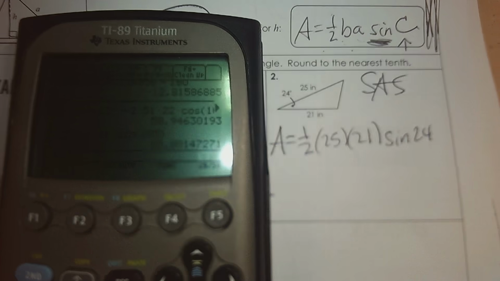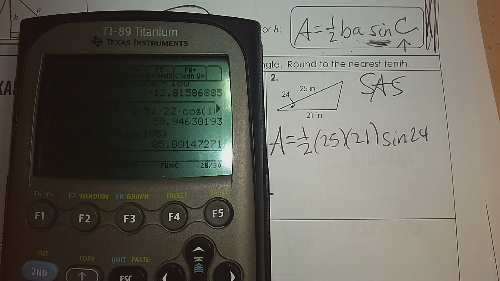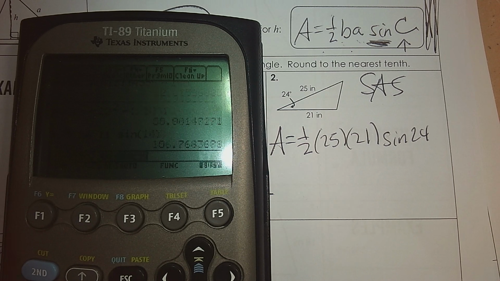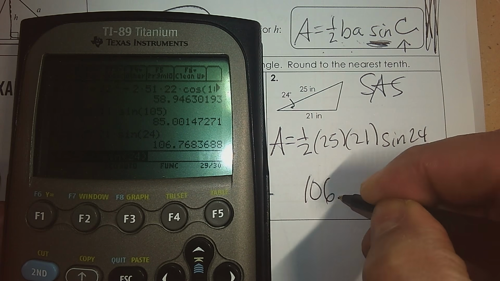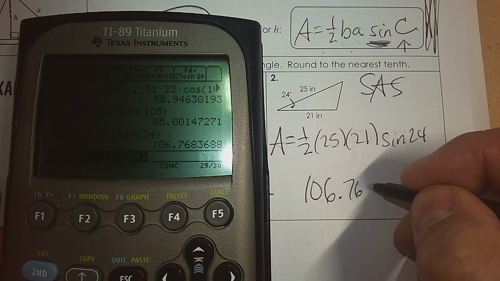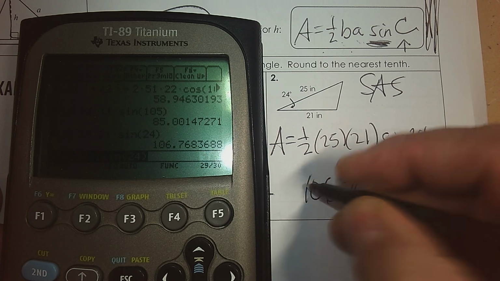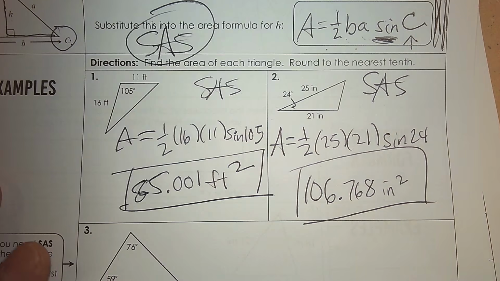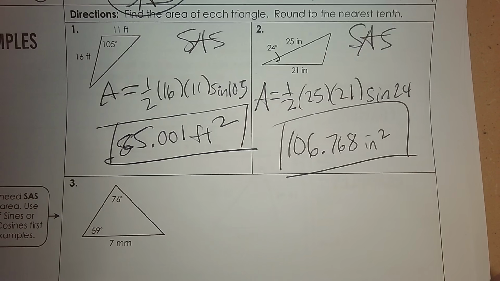So it's 0.5 times 25 times 21, and the sine of 24. So what's the area of that triangle? And again, the units would be inches and squared.